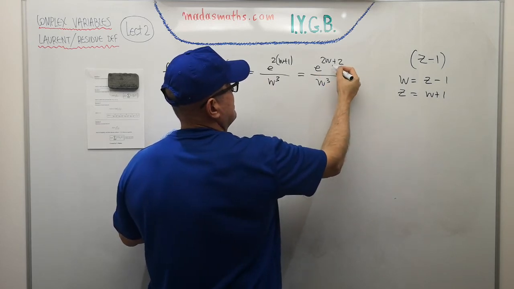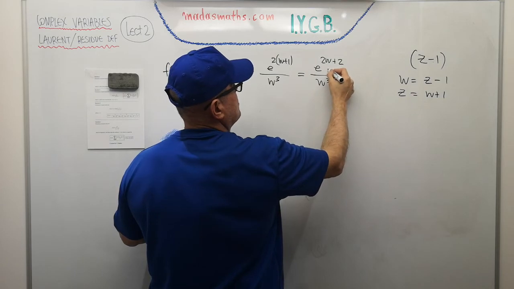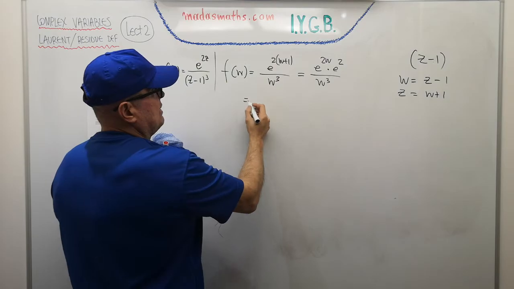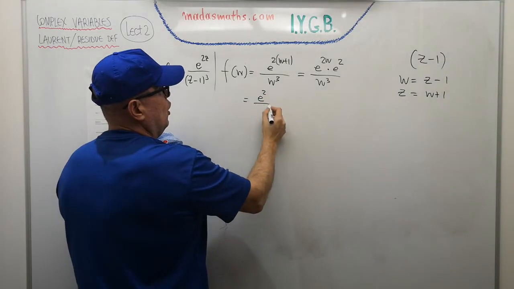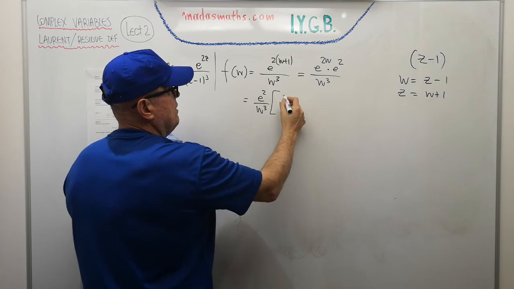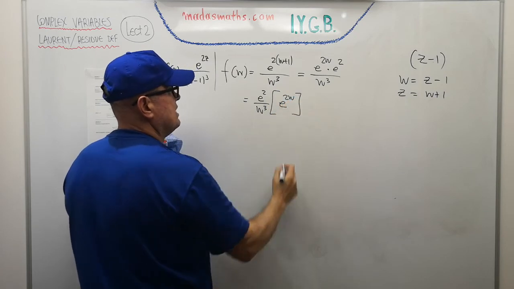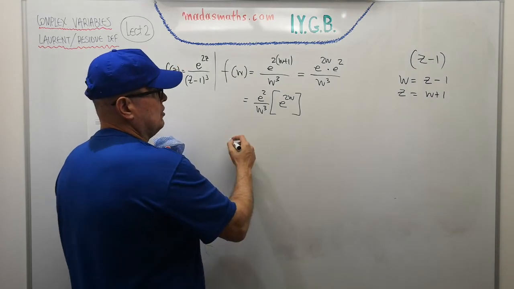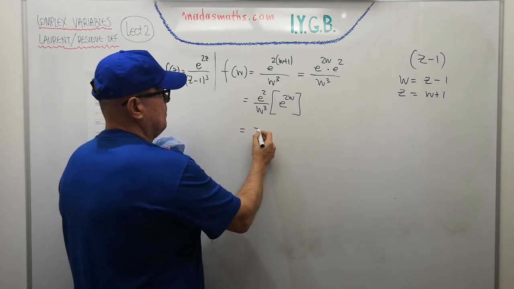And of course that is, if you want, times e squared. And I'm going to rewrite this as e squared over w cubed times the exponential of 2w, which is a standard series which we can quote. So that's actually not bad at all. It doesn't look that bad.